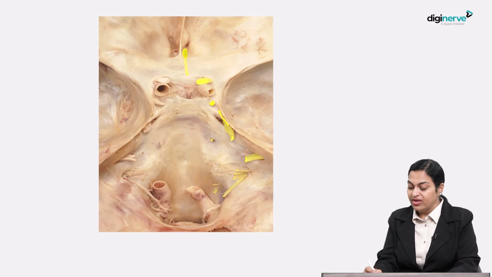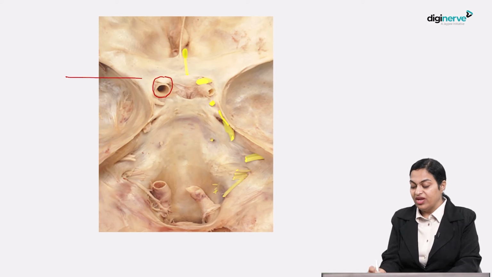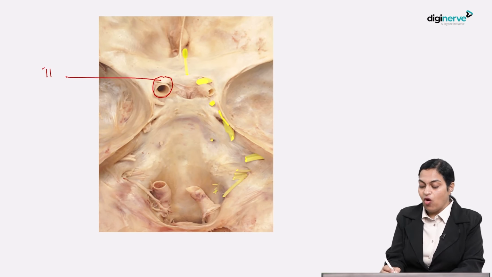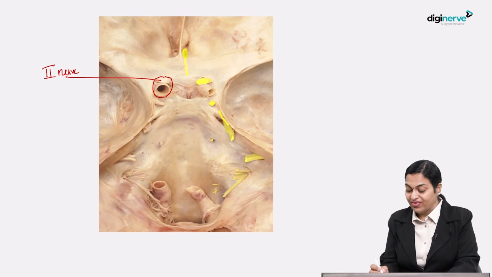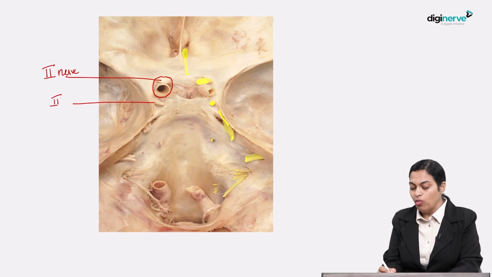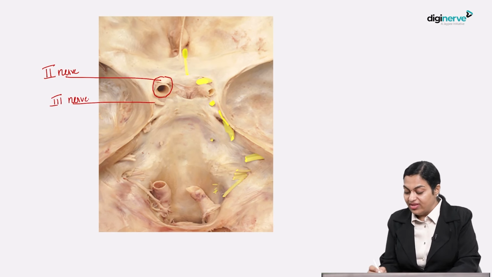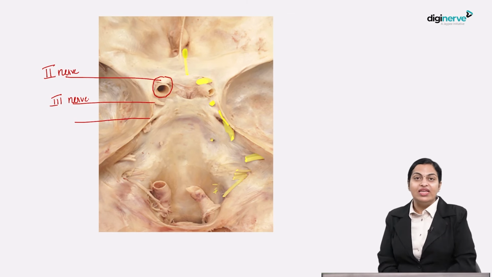So this here is the optic canal, and the nerve that you see here is the optic nerve, the second cranial nerve. This here is the oculomotor nerve, right? And this one here is the thinnest of all the nerves.